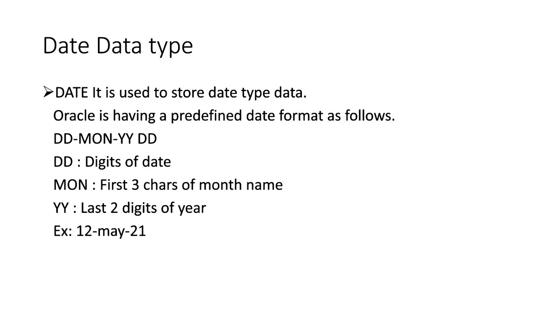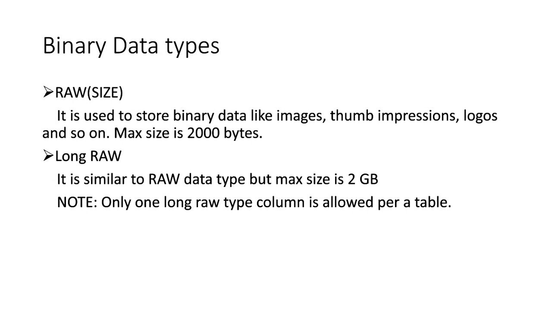And coming to the binary data types, here RAW is used to store binary data like images, thumb impressions, logos, and so on. The maximum size we can give is 2000 bytes. And another one, LONG RAW, is similar to the RAW data type, but the maximum size is 2 GB.